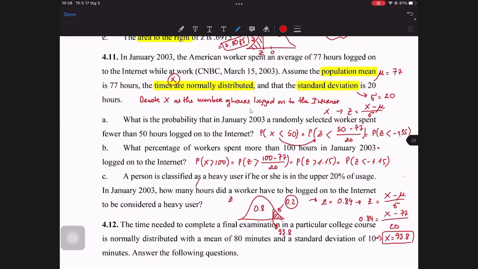So actually the answer here is greater than or equal to 93.8. As long as the number of hours is at least 93.8 hours, the user is classified as a heavy user. So these are the answers for question 11.